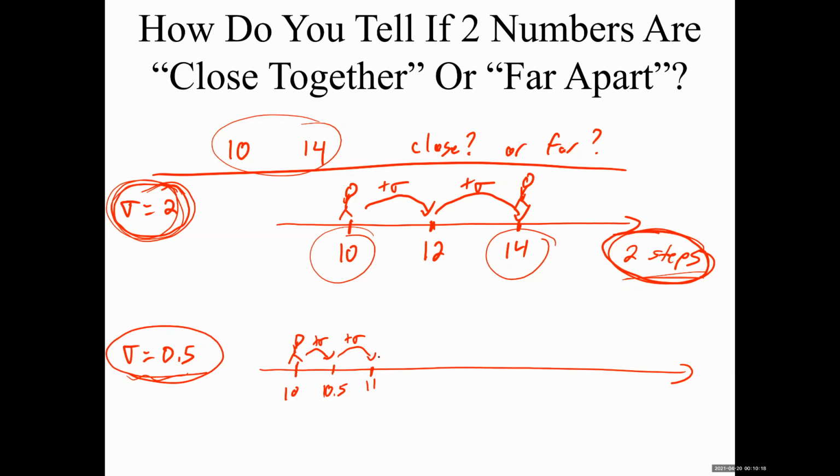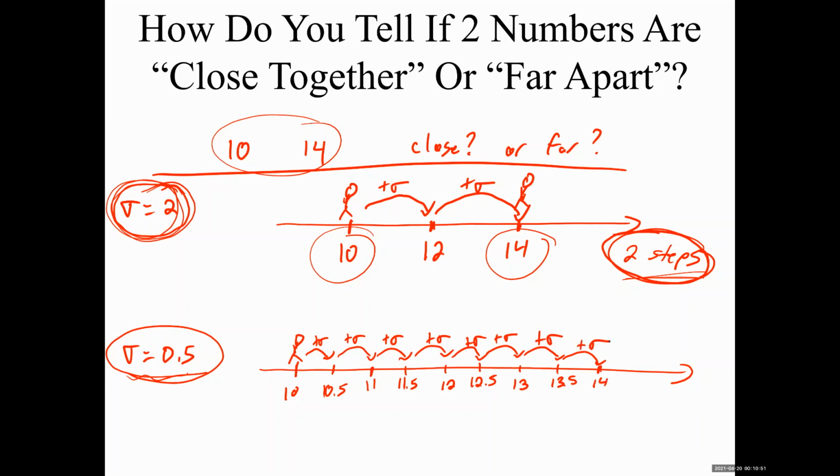Okay, so every single step gets you, add basically 0.5 every time. So let's say I took 3 steps there. Let's keep going. Where am I trying to get to? I'm trying to get to the number 14. Take 1 more step. We're at the number 12. Take another step. We're at 12.5. Another step, we're at the number 13. Another step, 13.5. And 1 more step, we're at the number 14.